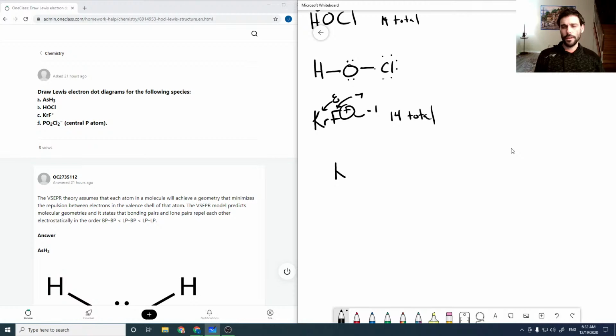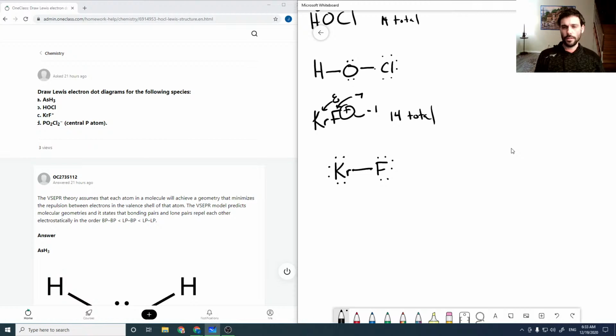And in this case, I would say it's fairly obvious that for Krypton to bond, we have to take an electron away from it. So I'm going to give it 7 instead of 8. And then for fluorine, I'm going to give it its full 7 because it's bonded.